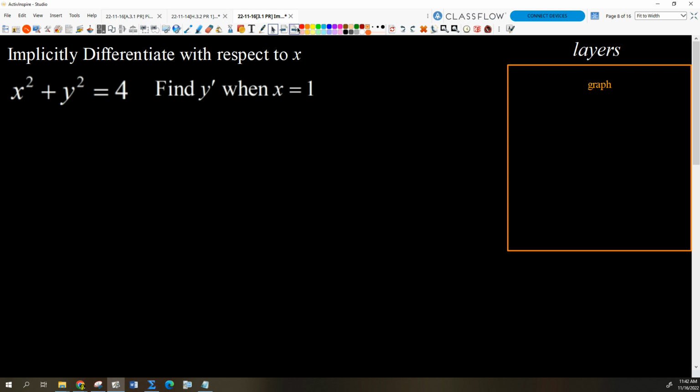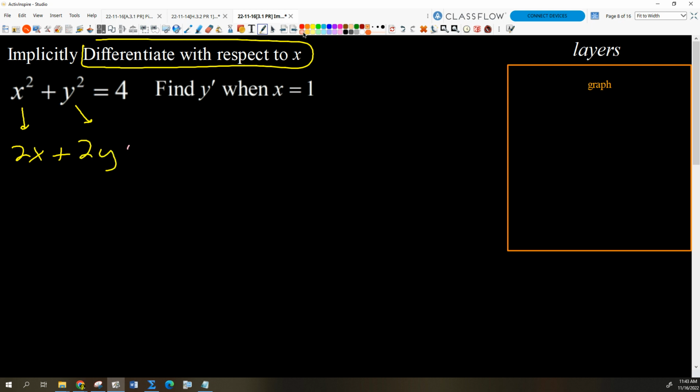Right? So if we differentiate with respect to x implicitly, what's this first term going to give me on the left side? What's the derivative of x squared if I'm differentiating with respect to x? 2x, right? No big deal. Okay, what's the derivative of y squared if I'm differentiating with respect to x? 2y, y prime. There you go.